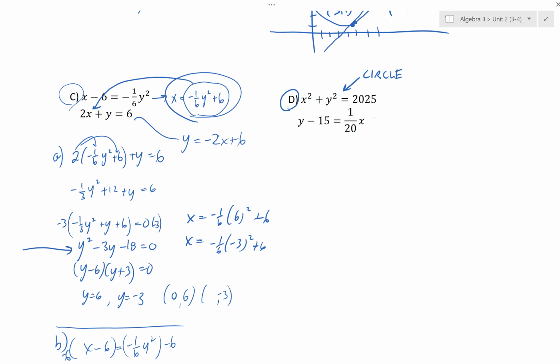So when we plug in negative 3, we get negative 1/6 of 9 plus 6. And that is 4.5 or 9 halves. Okay? So those are the two intersection points we get doing it algebraically.